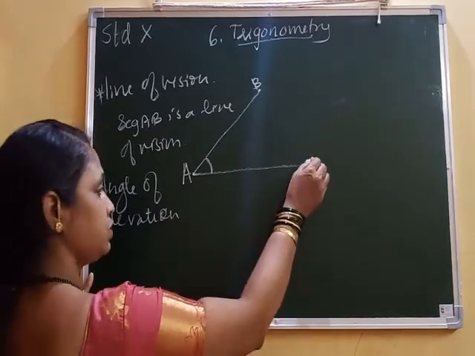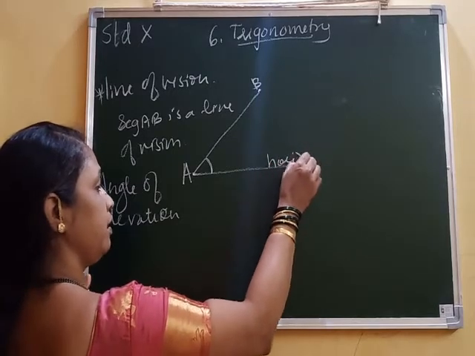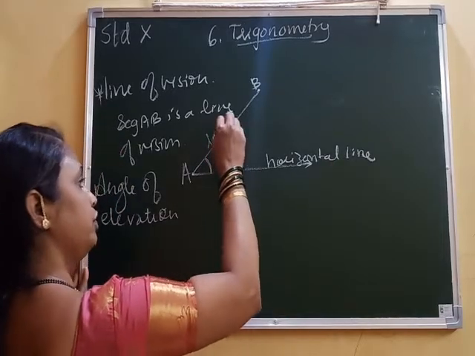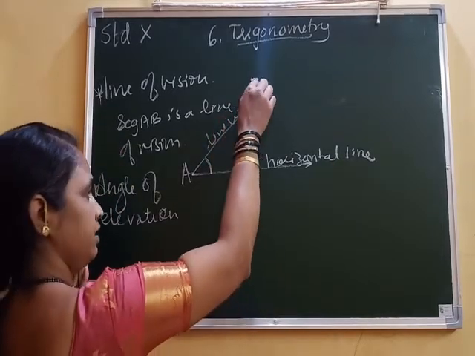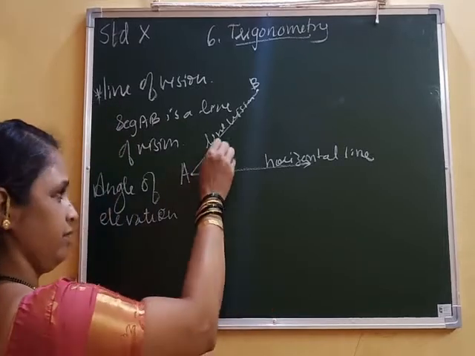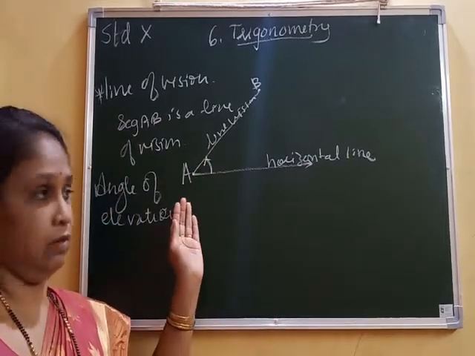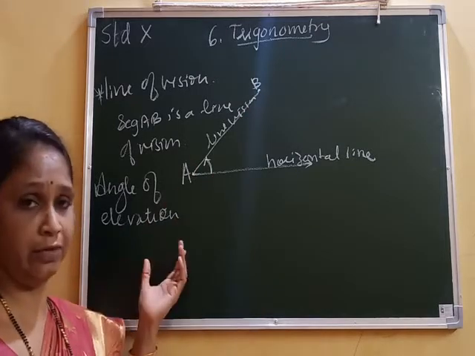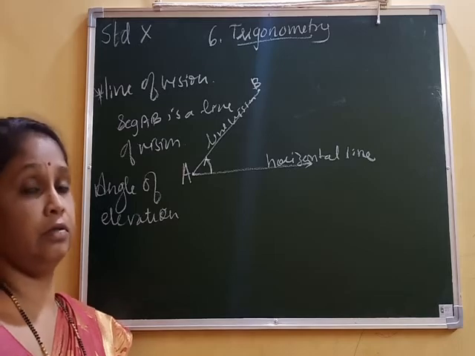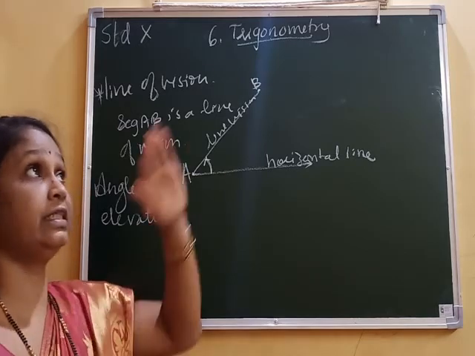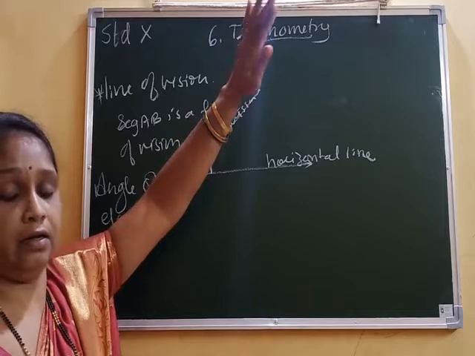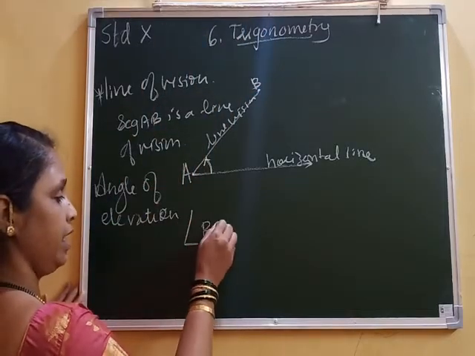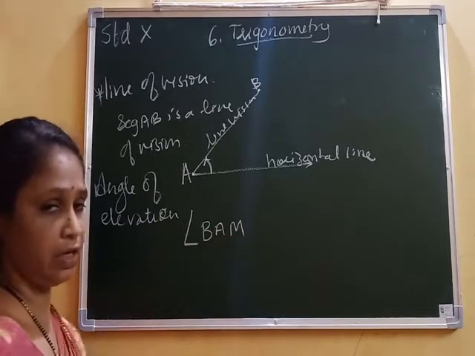This line is called the horizontal line, and this is the line of vision, which is where we see. It makes an angle while seeing from bottom to top, from the ground upward. So the angle formed here, angle BAM, is the angle of elevation.